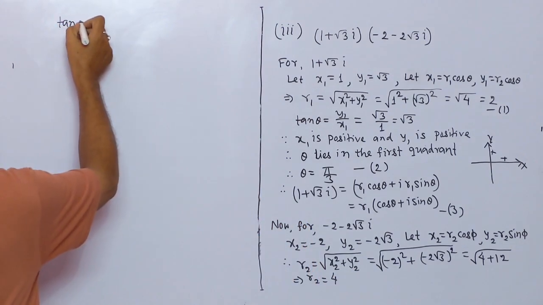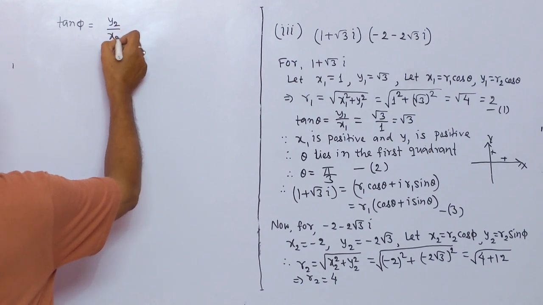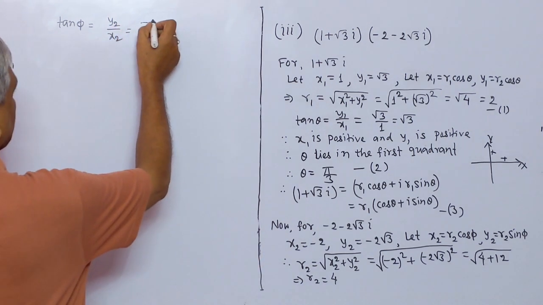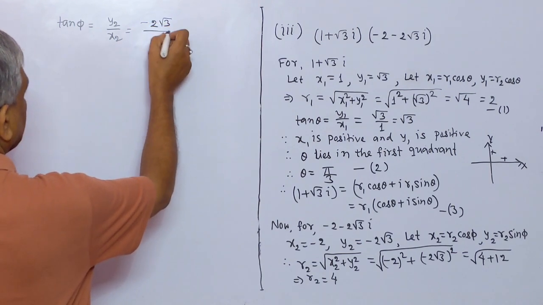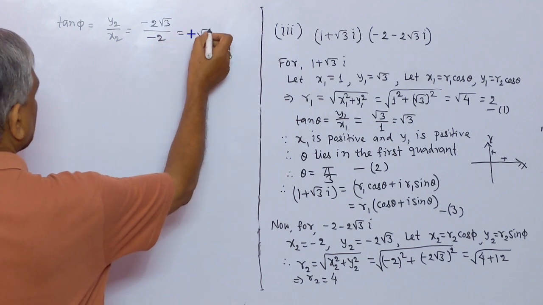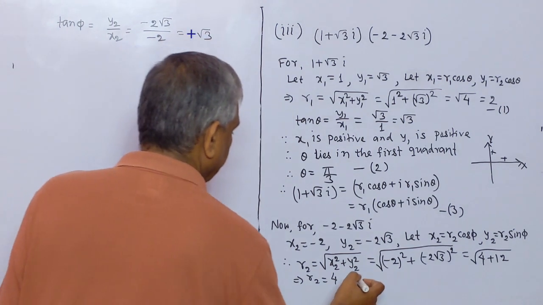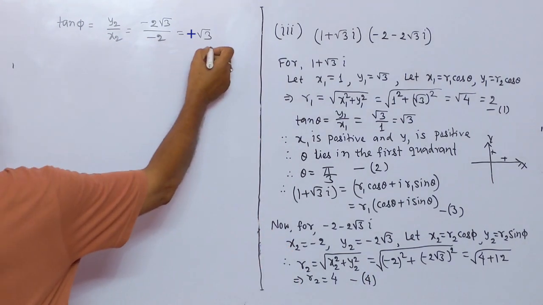Tan phi equal to y2 by x2, y2 is minus 2 square root 3 and x2 is minus 2. This is number 4. This is number 5.